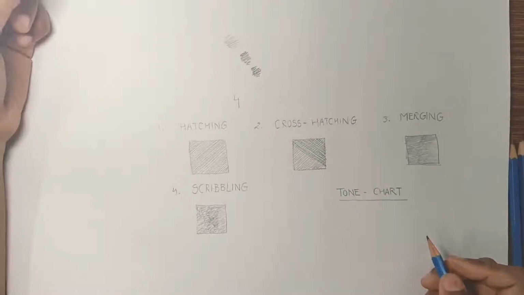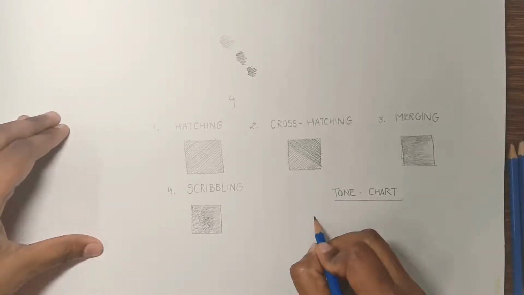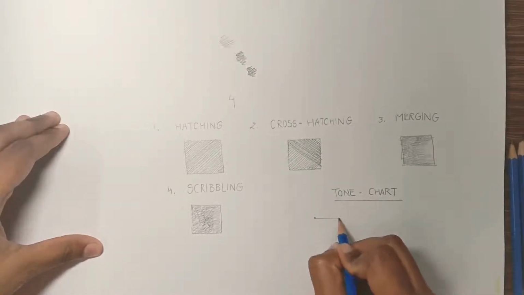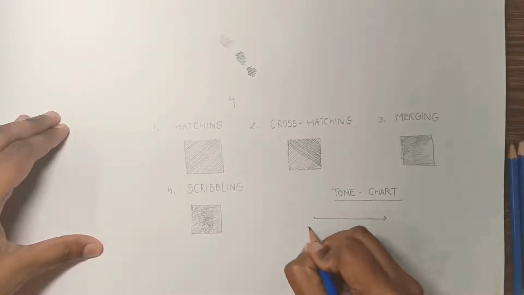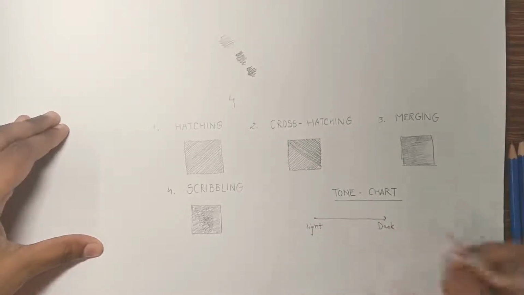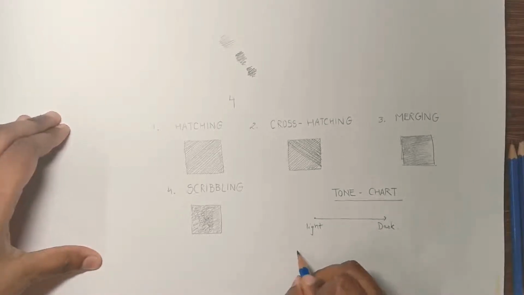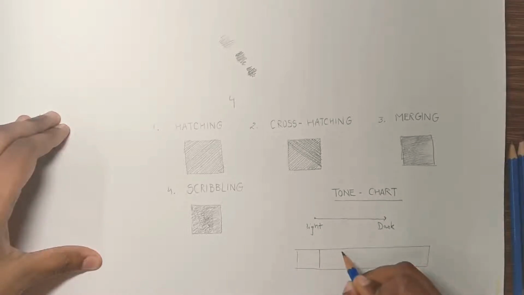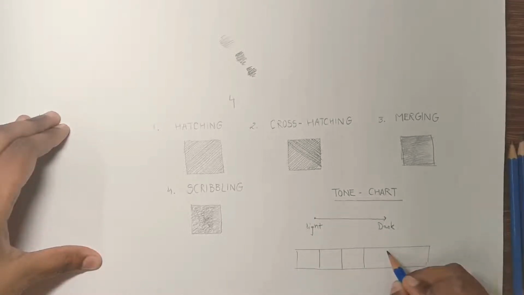A tone chart basically depicts how one goes from light to dark in a drawing. So let us draw some 6 boxes. Here we go.